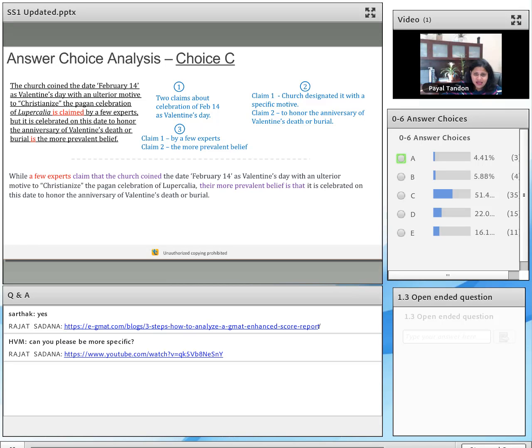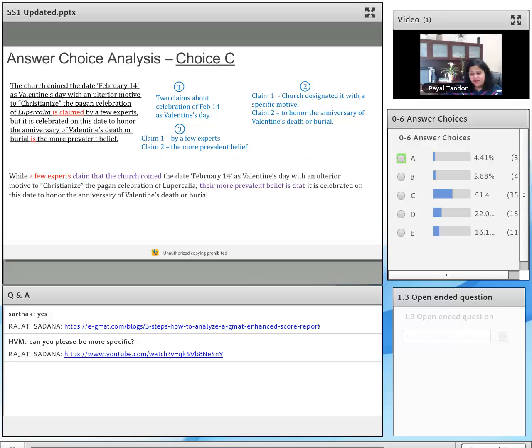Let's look at choice C, which was selected by the majority of you. So I'm going to read this choice. While a few experts claim that the church coined the date Feb 14th as Valentine's Day with an ulterior motive, all of this is fine, that a few experts claim, that part is fine.